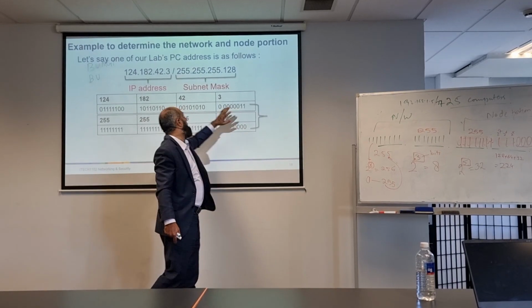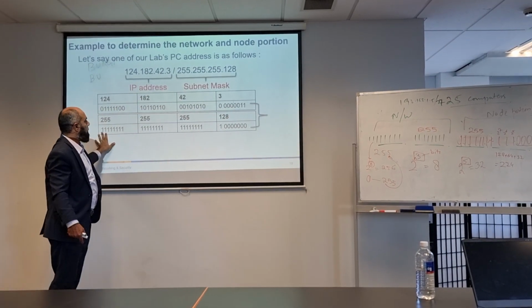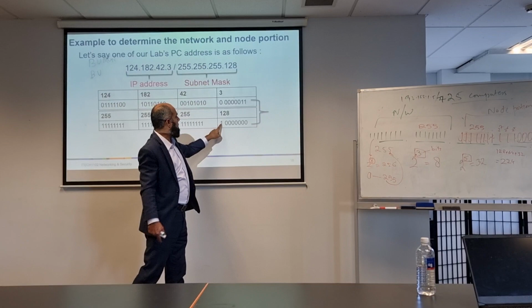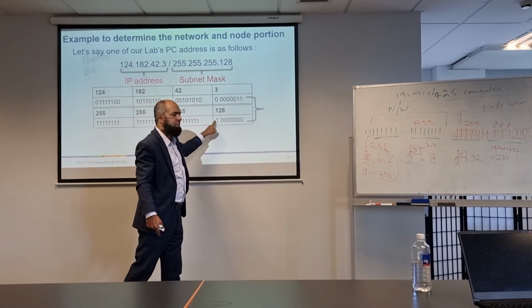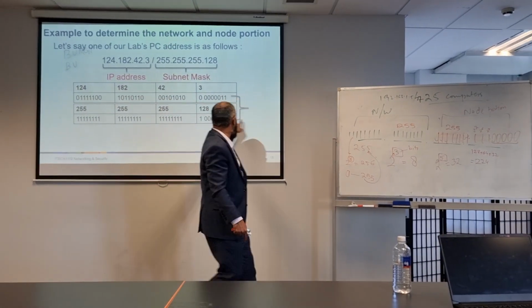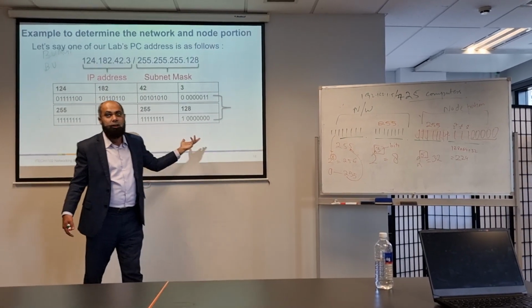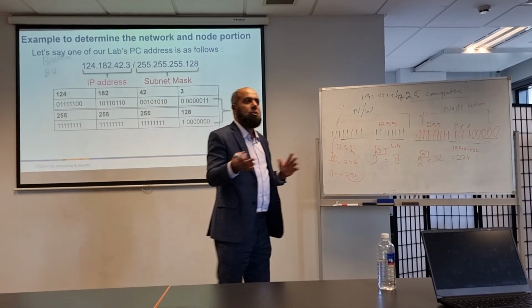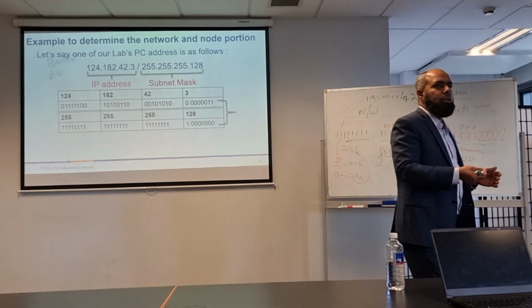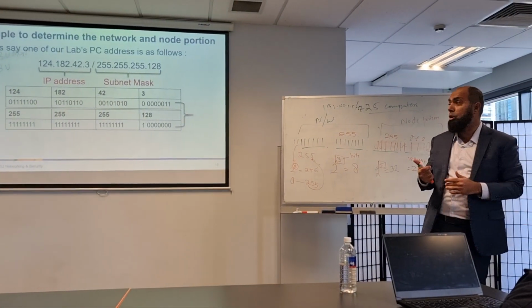Clear? Do the same thing for the subnet mask. We know that three octets are all ones, and 128 has only one 1 here. We know 2 to the power 7 is 128. So how many bits are free? 7 bits. So 2 to the power 7, 128 computers can be accommodated in this network.